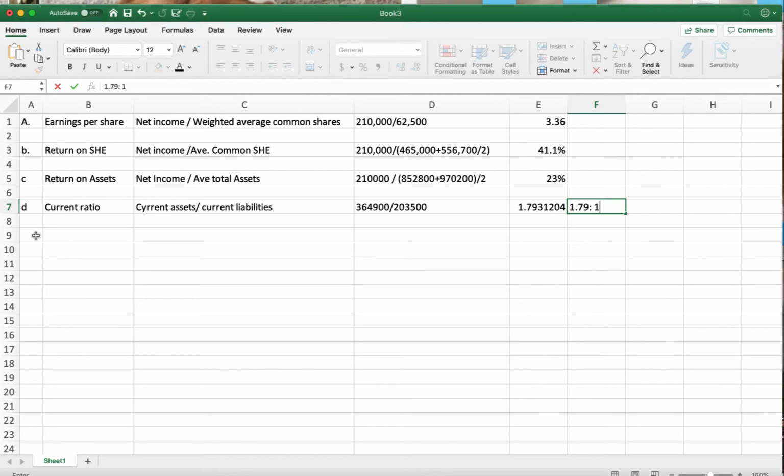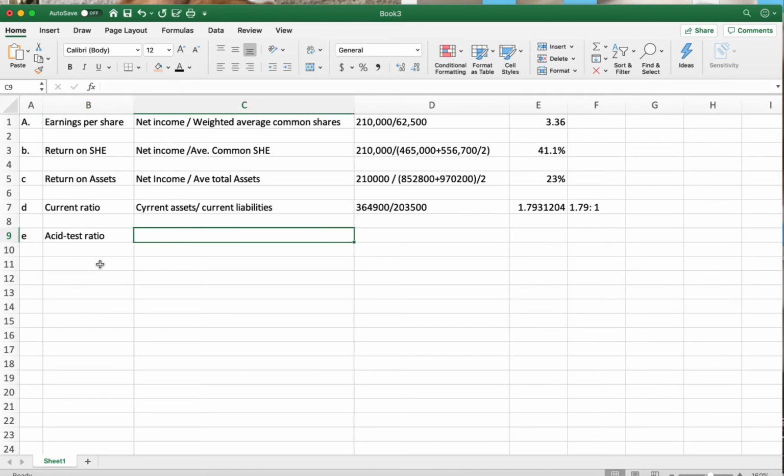The next thing we need to calculate in letter E is going to be the acid ratio, or the acid test ratio. Okay, so how do I calculate the acid test ratio? Well, that's easy, right?